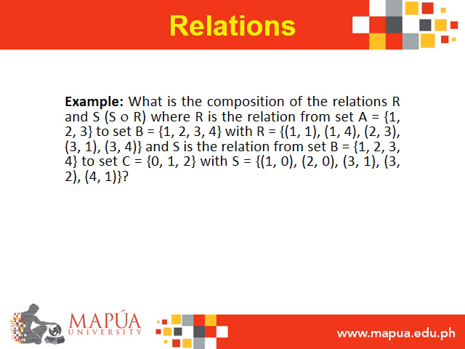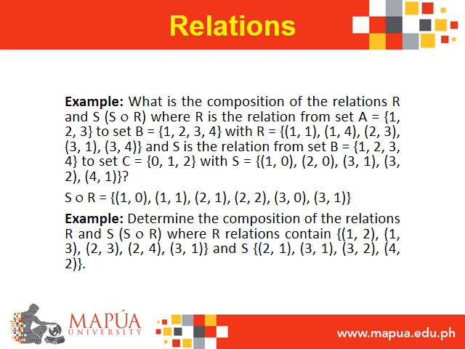And then you have relation S, which is taken from set B to set C, whereby set B contains values 1 to 4 and set C contains values 0 to 1. Hence, relation S contains the ordered pairs (1, 0), (2, 0), (3, 1), (3, 2), and (4, 1). Therefore, the composite of R and S would be (1, 0), (1, 1), (2, 1), (2, 2), (3, 0), and (3, 1).